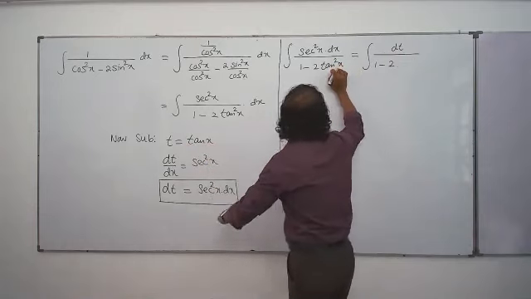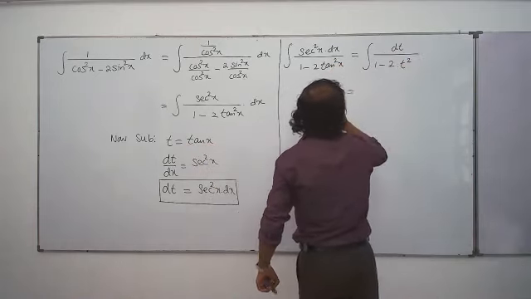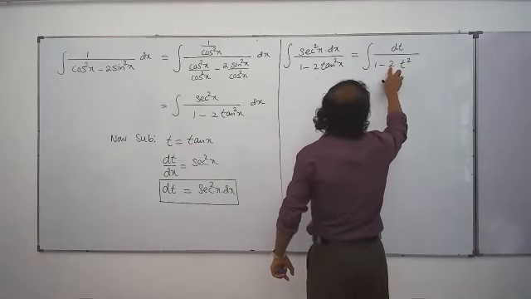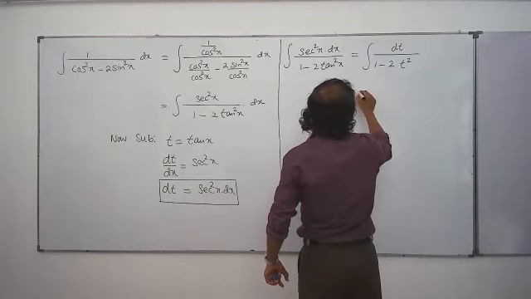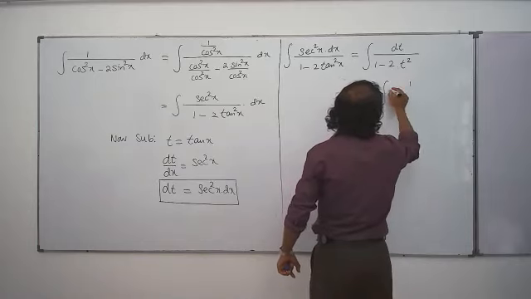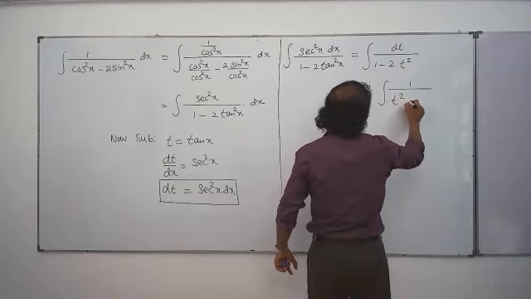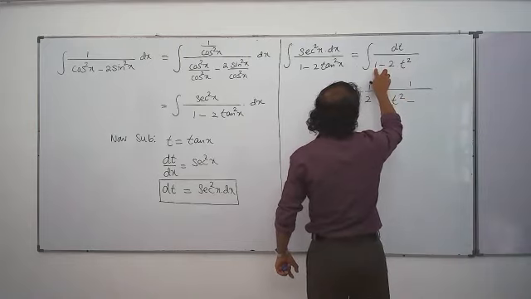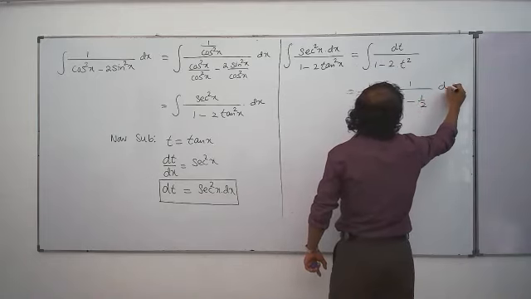Tan x is t, 2t squared. Right. Now take this, people, minus 2 out. That will be coming out as minus half. Once you take this minus 2 out, this will be t squared minus half, dt, this way we get.